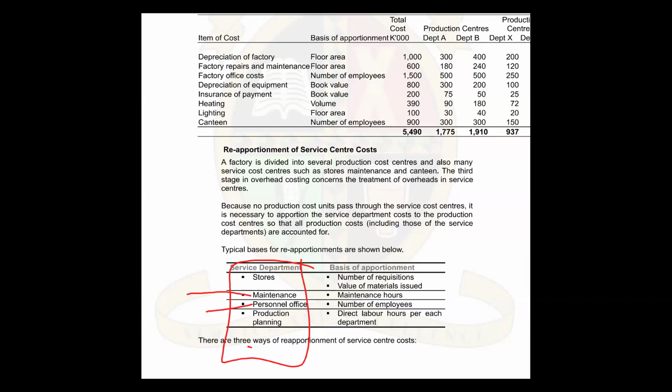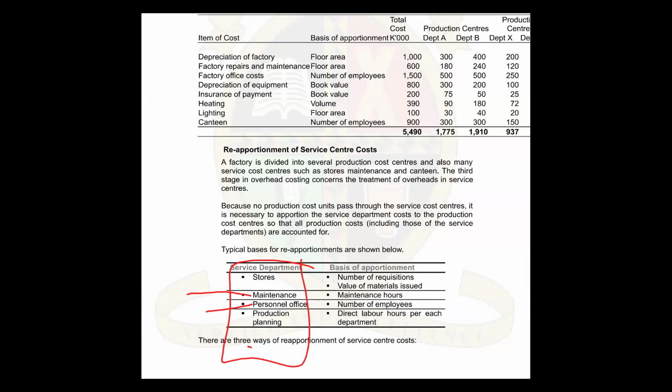There is no production really taking place in that department. That department is just standing as a supporting department. For that matter, if you had allocated any cost to that department, ultimately you got to do a reapportionment of that cost back into the production centers or those departments that really carry out production.